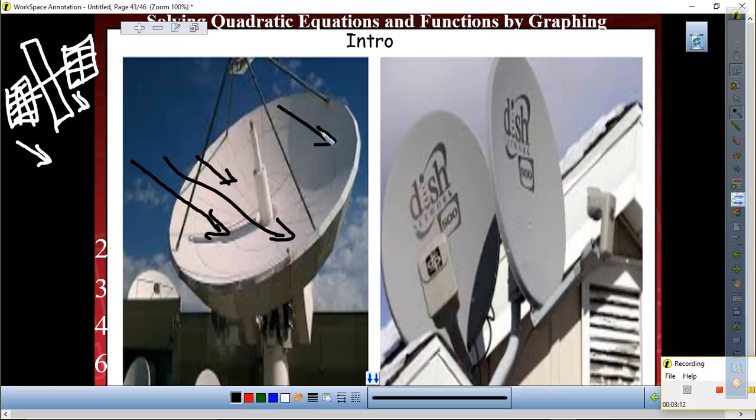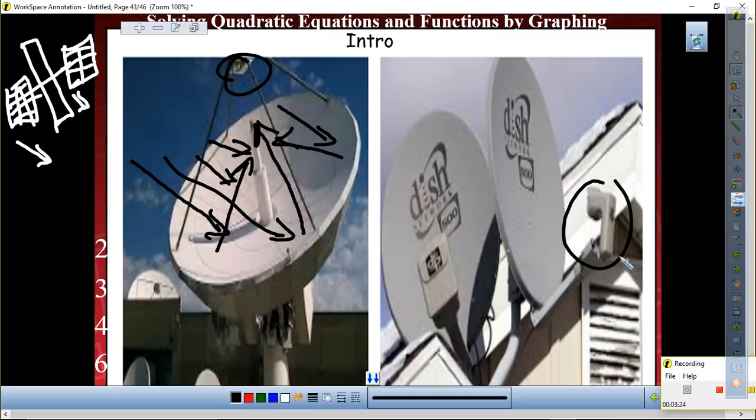But since it's curved, it bounces and sends it to the center of that dish. That's why right above it, or right here, is what we call a receiver. All the signal is received in that, and that creates data, and that's how we get our cell phones to work, and so on and so forth.